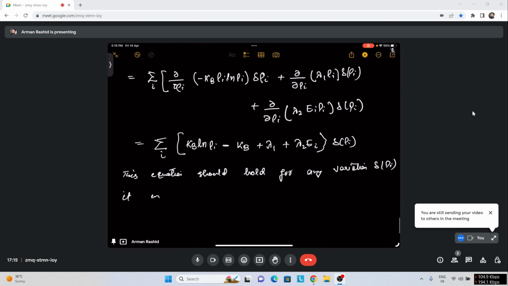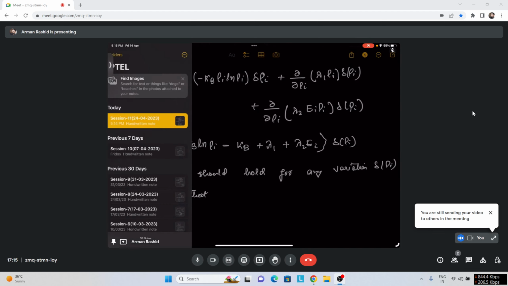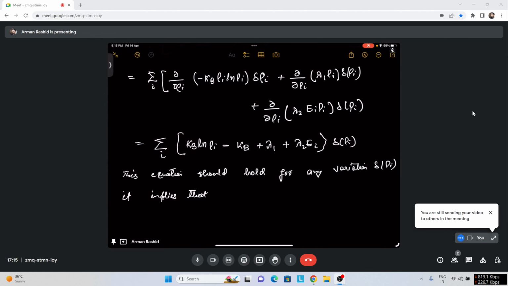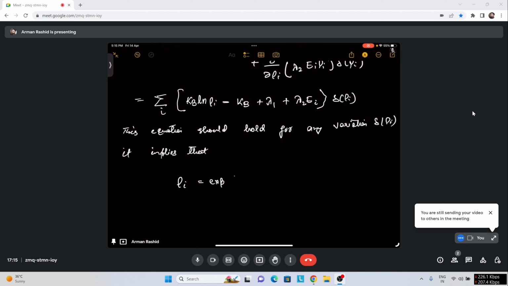Therefore it implies that rho I is given by exponential minus kb plus lambda 1 plus lambda 2 ei by kb.